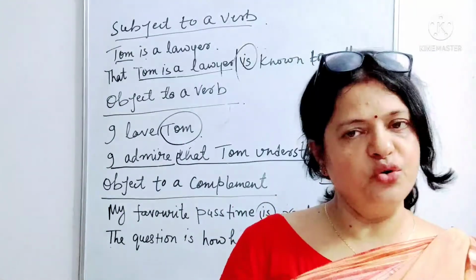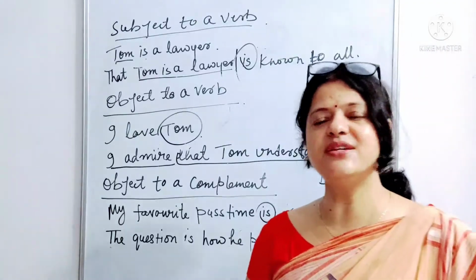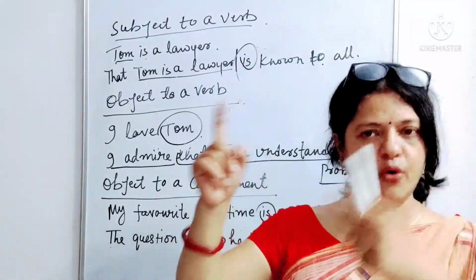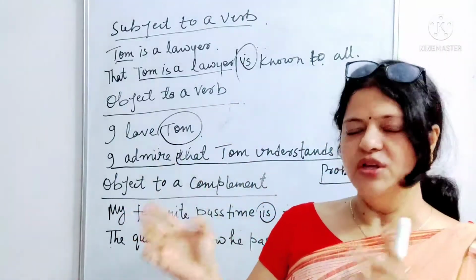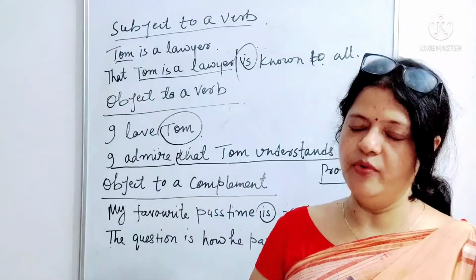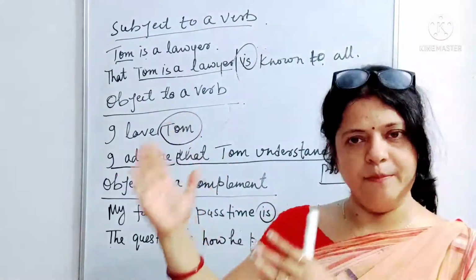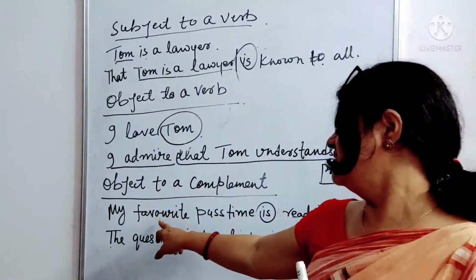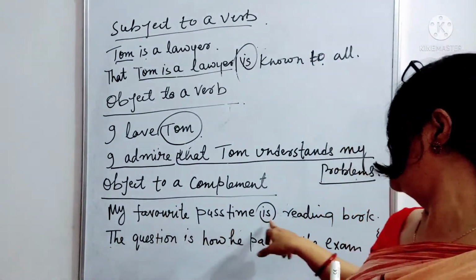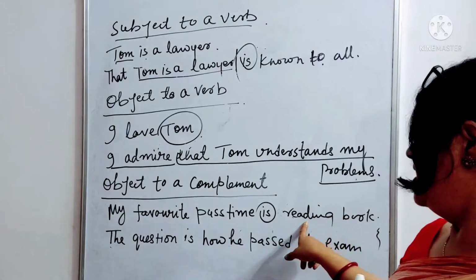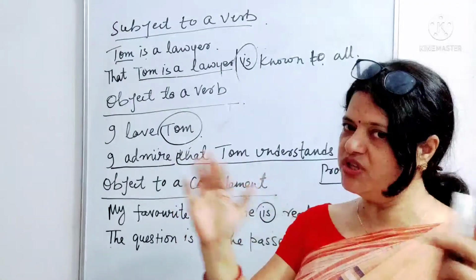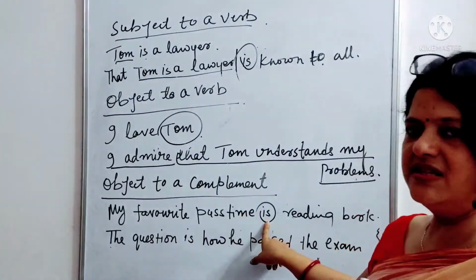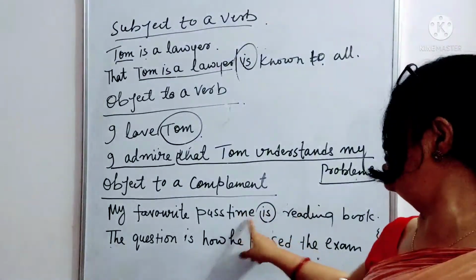Understand? I just told you that Tom is a lawyer. So if I say Tom is a lawyer, Tom and lawyer both are the same. So it's called a subjective complement. When subject and complement are the same, they are called subjective complement. As we see in this sentence, my favorite pastime is reading books. So reading books and favorite pastime both are the same. So this linking verb is connecting these two things together.